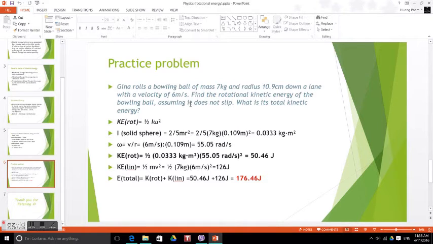Find the rotational kinetic energy of the bowling ball, assuming it does not slip. What is its total kinetic energy? So we have two questions here. The first one is to find the rotational kinetic energy, and the second one is to find the total kinetic energy.